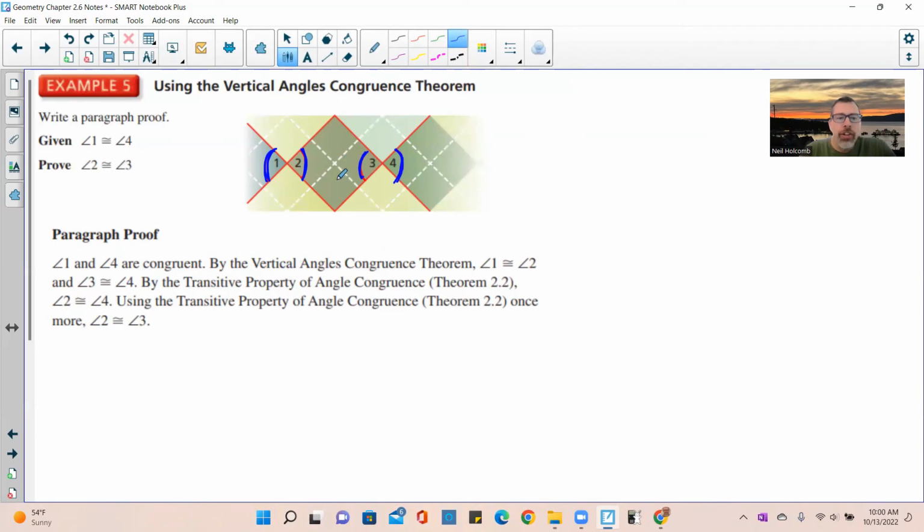And using the transitive property, we can then say angle 2 is congruent to 3. So 1 was congruent to 4. 1 was congruent to 2. So that makes 4 congruent to 2. And 3 is congruent to 2, because 3 was congruent to 4 as well, because 4 is congruent to 2. So it's kind of like the transitive property twice, all wrapped up and proving that all 4 angles are congruent.